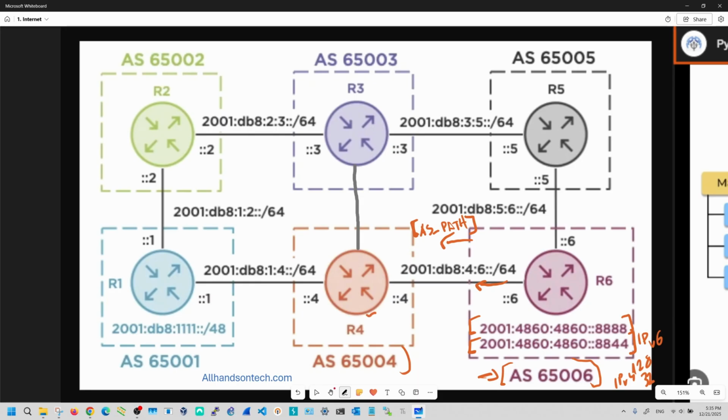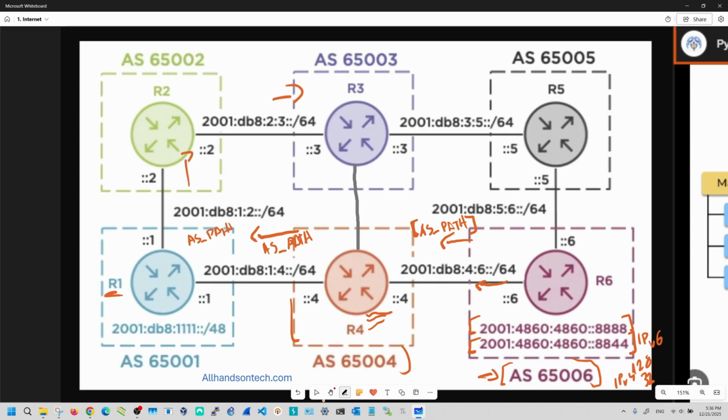The route will be saved in router 4's routing table, and it will be forwarded to the next neighbor. Upon exit of this autonomous system, router 4 will also append its own autonomous system number in the form of the AS path attribute. So when the route arrives on this router right here, it will already have two autonomous systems in the AS path attribute. And the same continues on every hop.